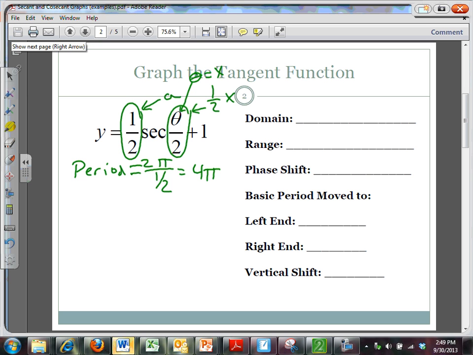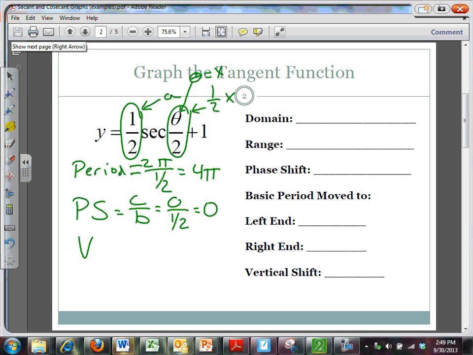After you find your period, you want to find your phase shift. Remember, your phase shift is equal to C over B. My C in this case is 0. My B, once again, is 1/2. So 0 divided by anything is 0, so I have no phase shift.